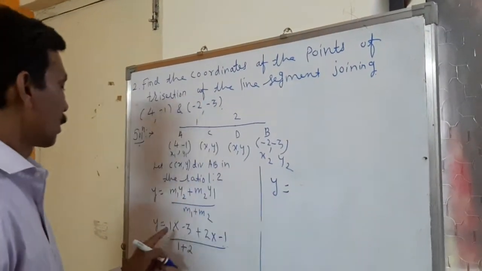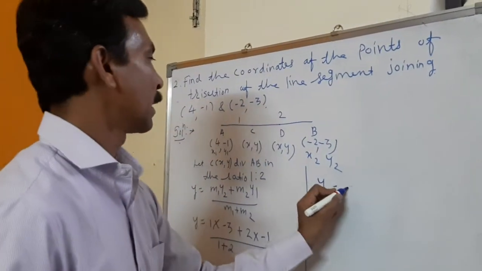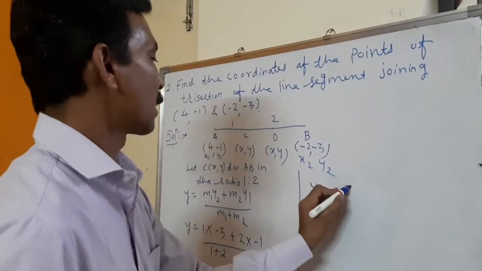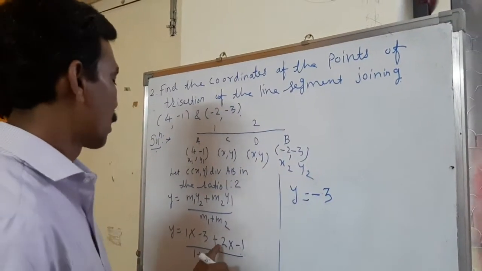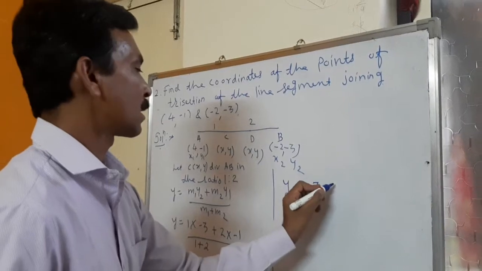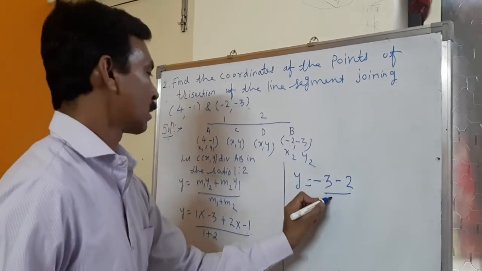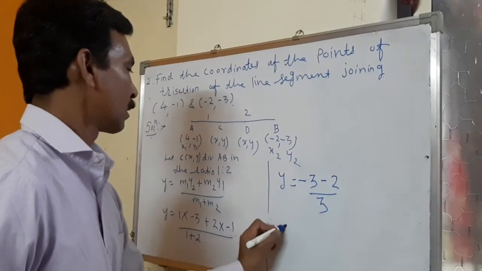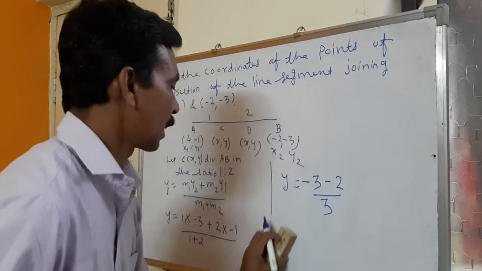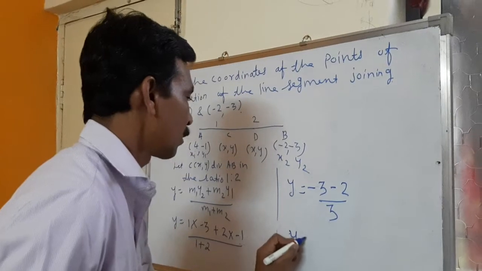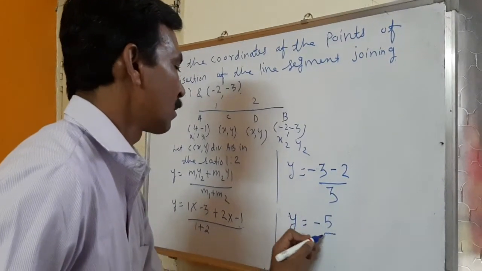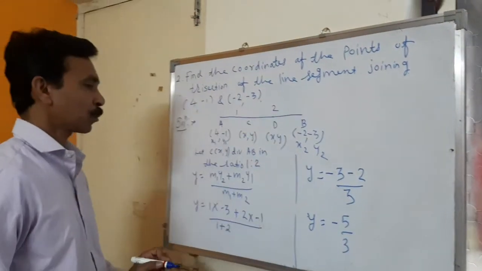Y is equal to 1 into minus 3 is minus 3. This is 2 into minus 1 minus 2 upon 1 plus 2 is 3. Y is equal to minus 5 upon 3.